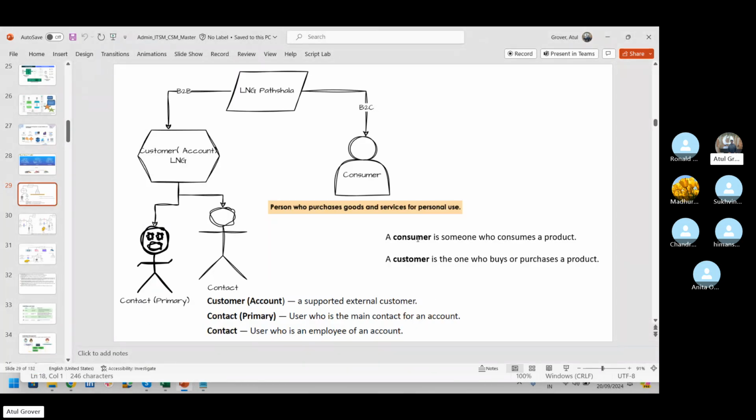Consumer is one who consumes. Customer is one who buys or purchases. I can be a customer and a consumer at the same time. But when you're paying the amount, you're the customer. Maybe you come home and consume it, then you are a consumer as well.